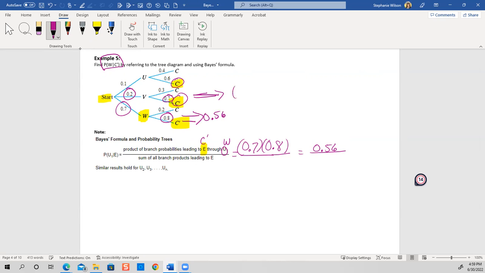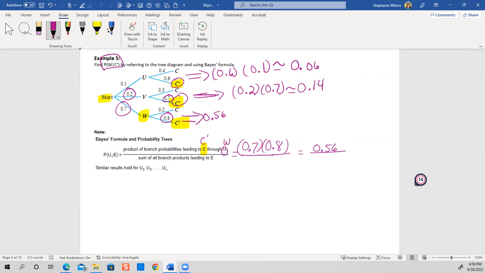Okay, so this one's going to be 0.2 times 0.7, which is 0.14. This one here is going to be 0.6 times 0.1. So we get 0.06. Okay, now we're good.